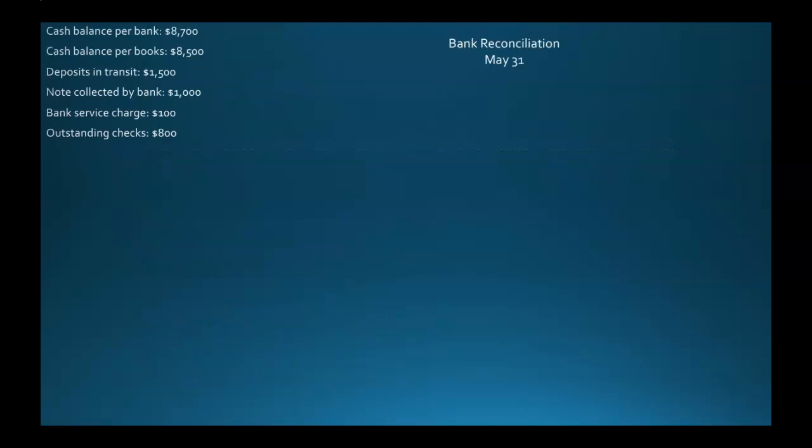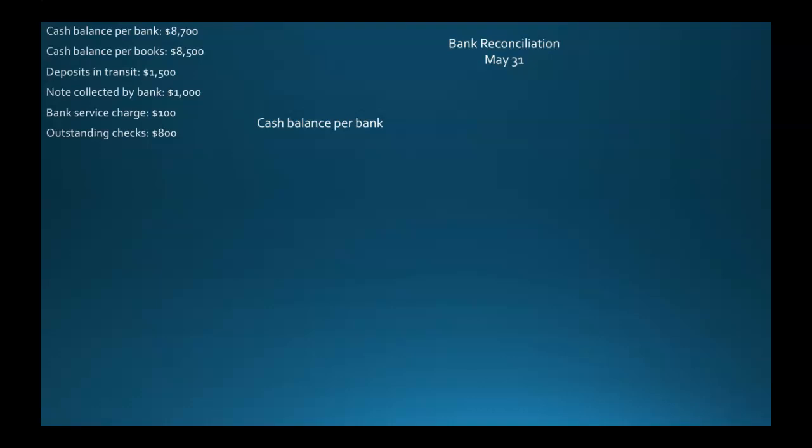So we have all of that information now up in the upper left, and we can reference back to that as we are preparing this bank reconciliation. So the first part of the bank reconciliation that you prepare is the per bank side. So the first line is cash balance per bank. We have that up above.